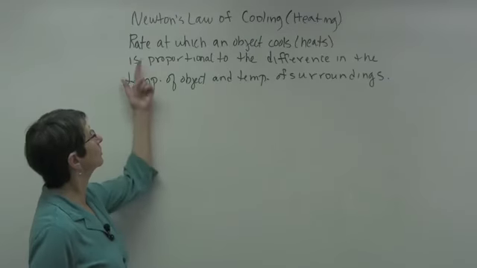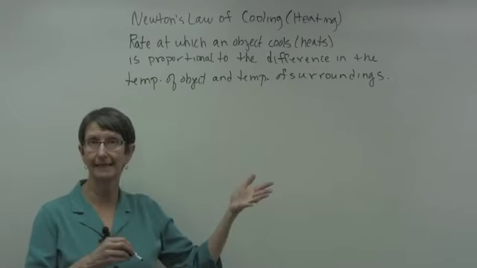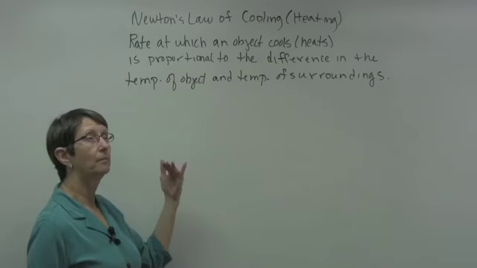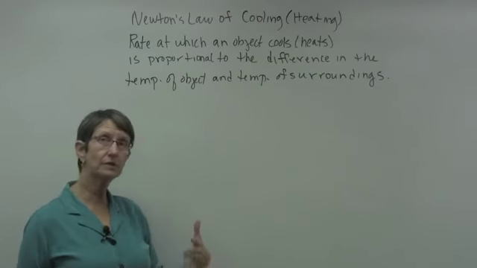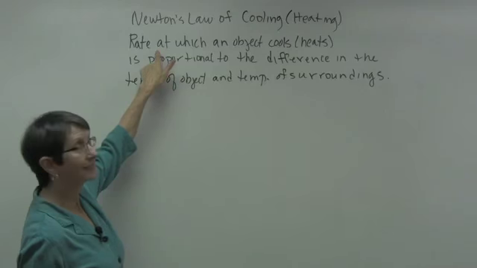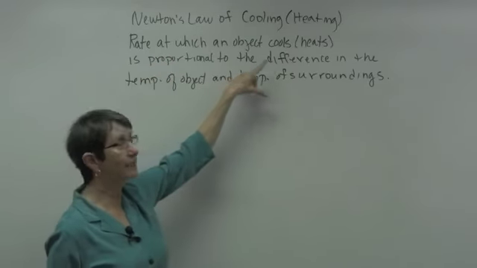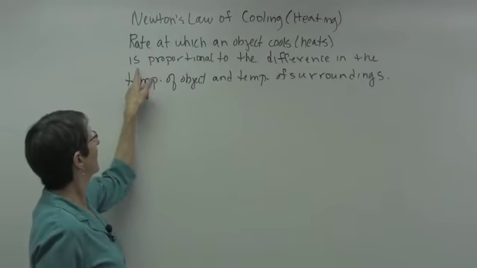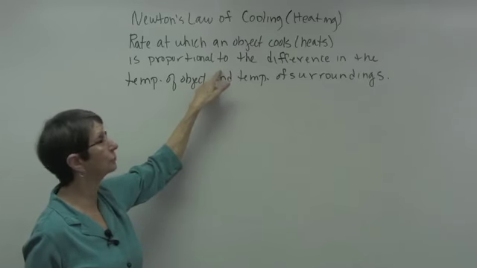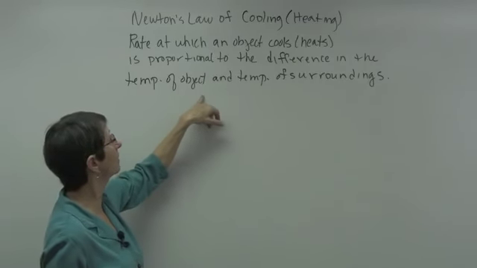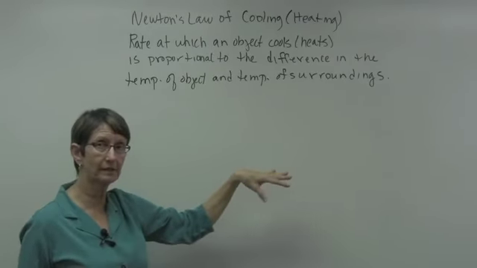I'm sure you're familiar with Newton's law of cooling, or heating, because it can do both. It is a differential equation because it is a rate at which an object cools or heats, and it is proportional to the difference in the temperature of the object and the temperature of the surroundings.